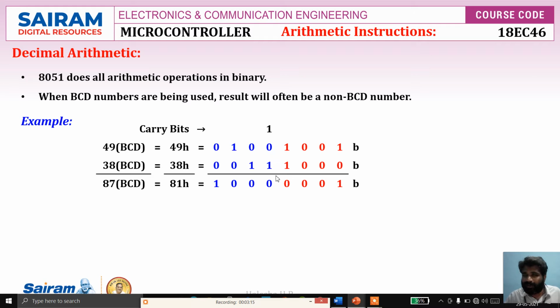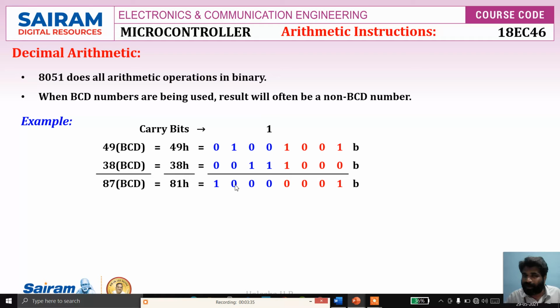If it is done in binary, this is how: 1 plus 0. Here 1 plus 1 is 0, carry 1, and we call this carry the auxiliary carry, because it is from bit 3, from the lower nibble. And again 1 plus 1 is 0, carry 1.